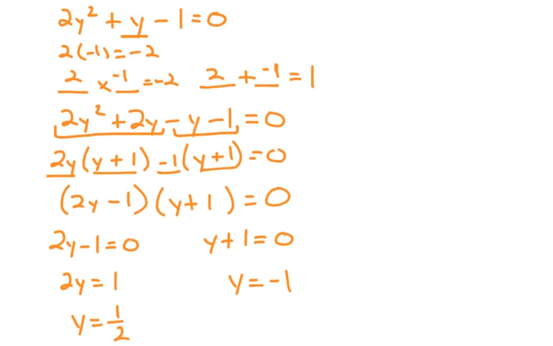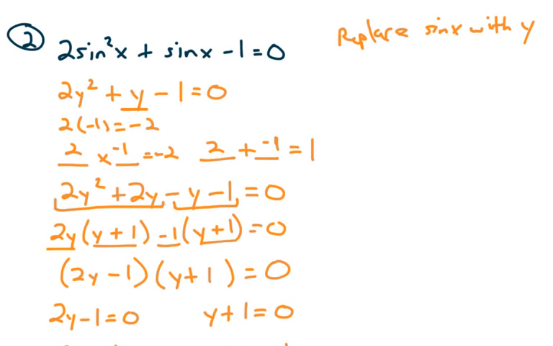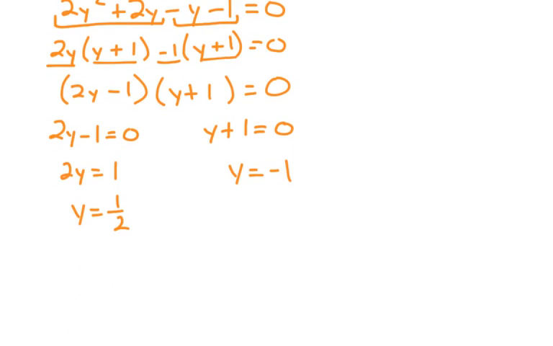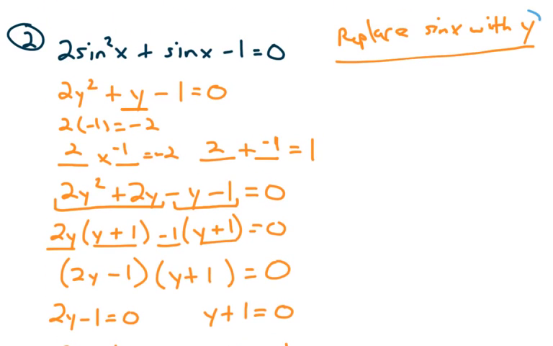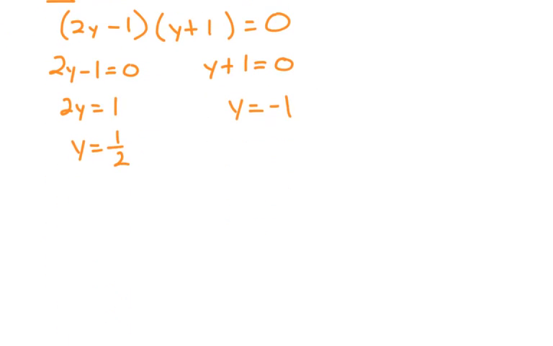Now, the problem with this is, my original equation was in terms of x. And remember, we replaced sine of x with y. So what we can do now, and we'll do this in blue, is replace my y's back with what they originally were, which was the sine of x. So we can say sine of x is equal to 1/2, and sine of x is equal to -1. Again, these are things you can type in your calculator to figure out what x is.